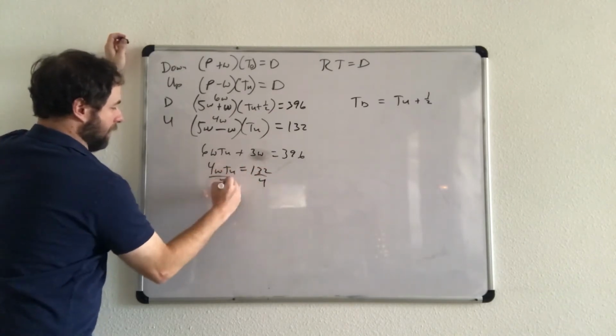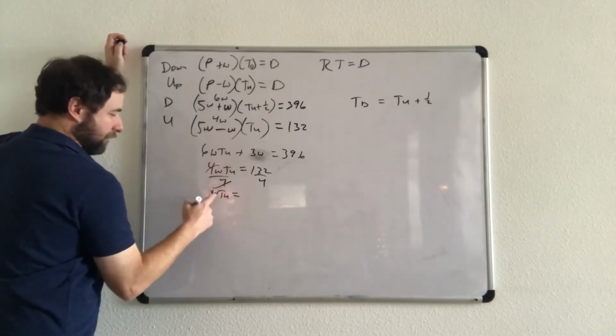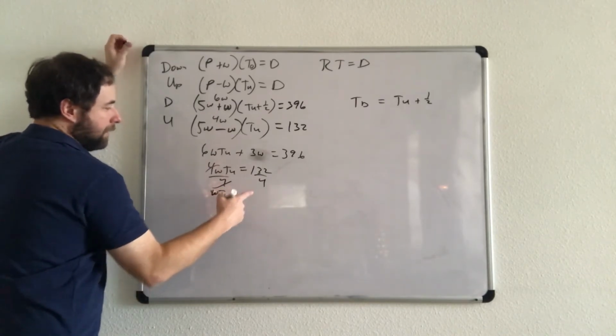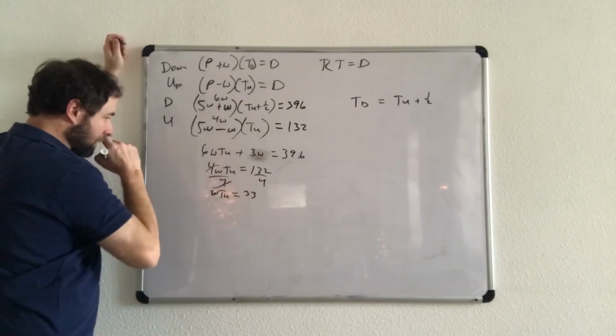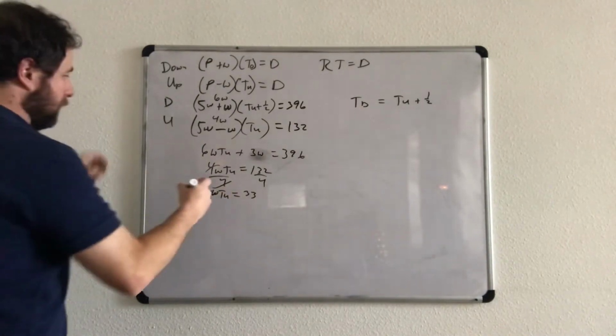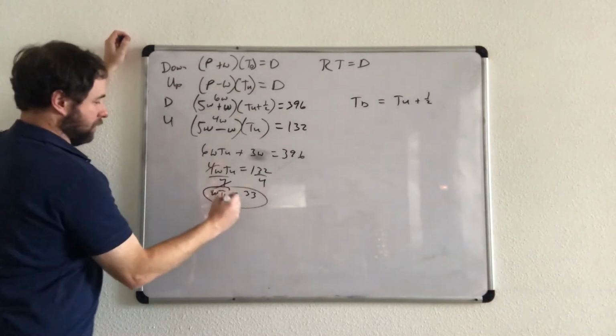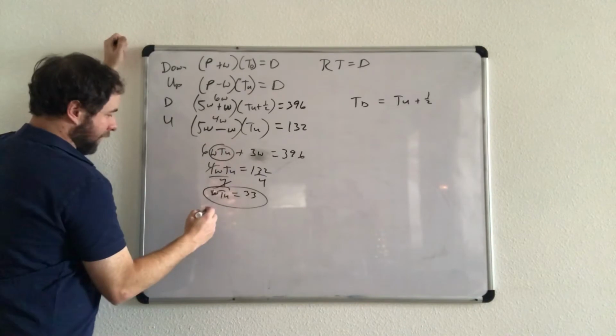So you divide by 4, WTU, even though it's 2 variables at once, equals 33. And so you could plug that 33 back in, because that's WTU, which really didn't solve for anything, it's the combination. You can plug it in right here.